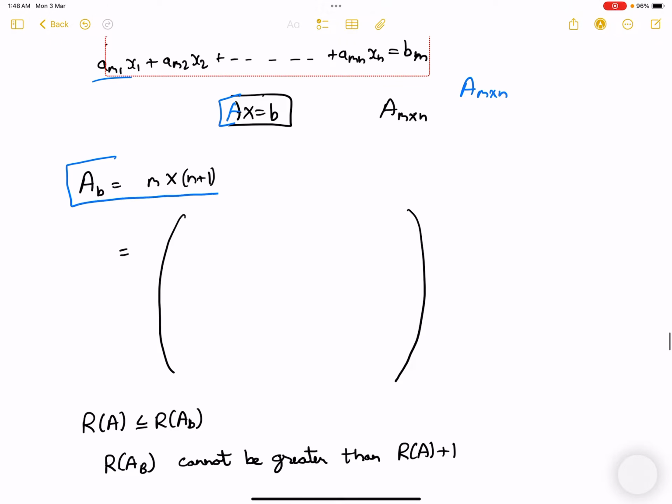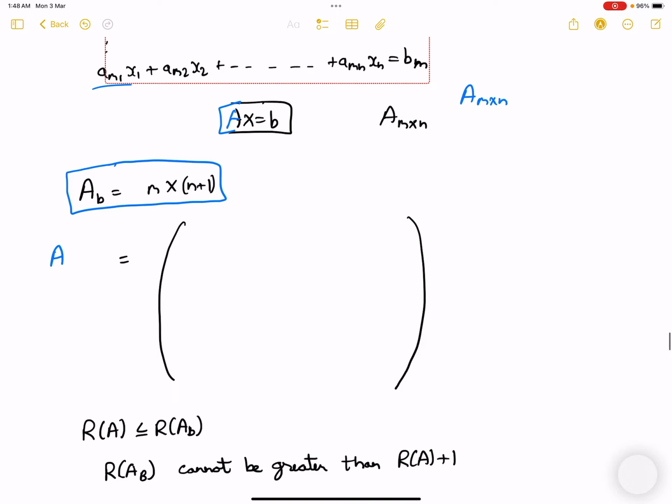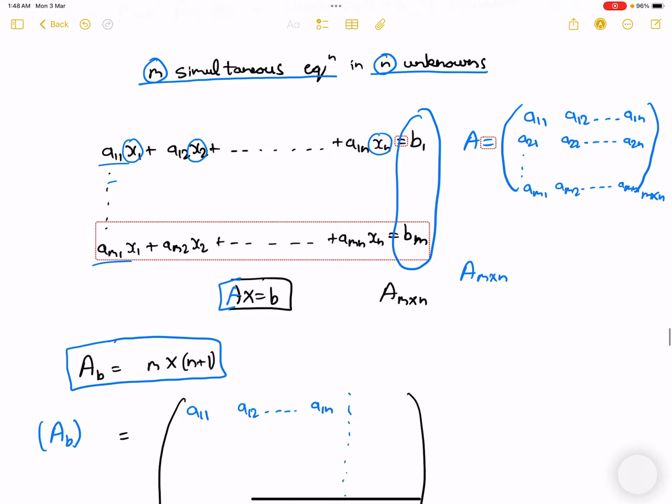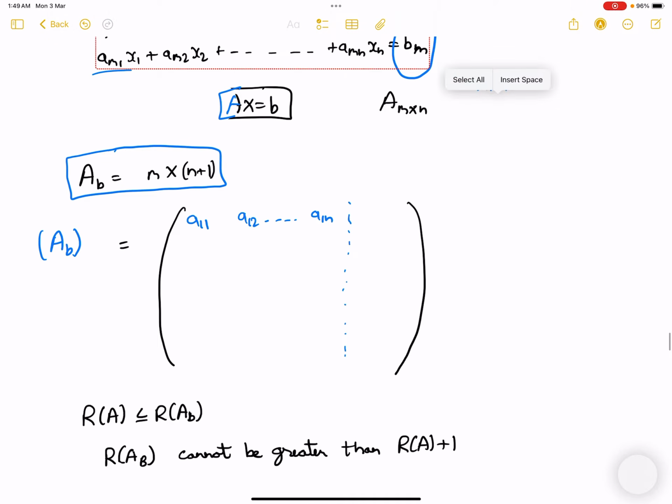Now A augmented B. In the last class we studied what A augmented B is. A augmented B can be written as the A matrix, with A11 till A1n, and then the right hand side, the B vector or the B matrix. This is B1. Then A21, A22, till A2n, B2.